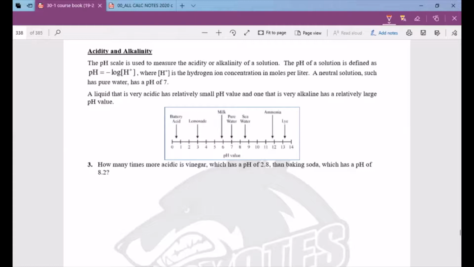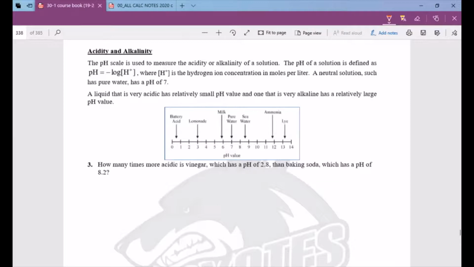Just to remind you if it's been a while, pH is measuring how acidic a solution is, or how alkaline a solution is, or the other word for alkaline is basic. And we have this scale, where 0 is the most acidic and 14 is the most alkaline. And so right in the middle is a neutral solution.